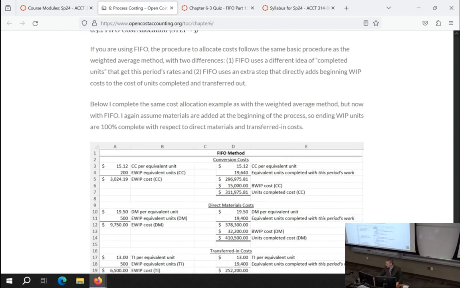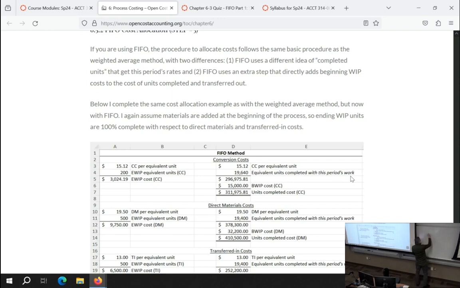Now, to repeat again what I said Monday, we take that rate and we multiply it by this number right here, the equivalent units completed with this period's work. Wait. Let me step back for a second. Hold on.